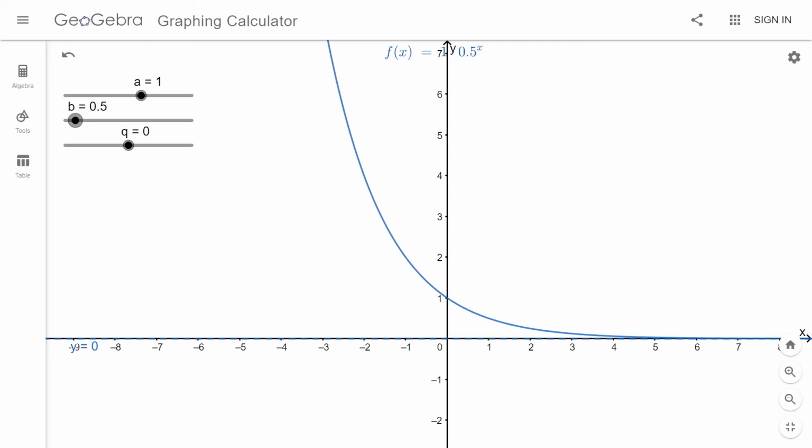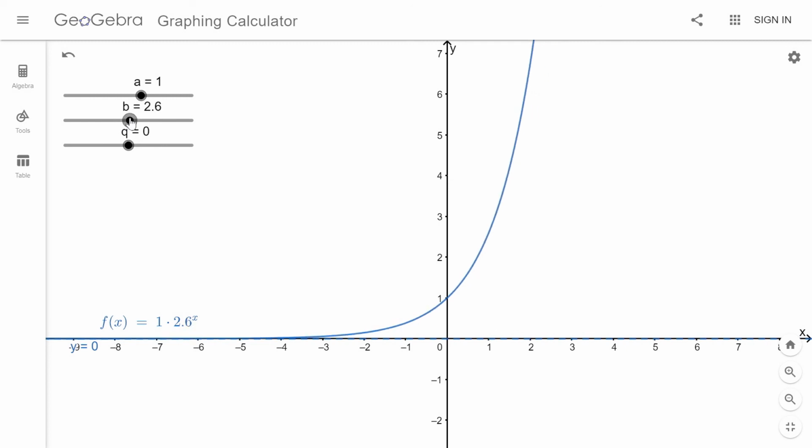We're now looking at the graph of y = (1/2)^x. You can see that that is a reflection of the graph y = 2^x in the y-axis. We've now gone from an increasing function to a decreasing function because the value of the base is a fraction.